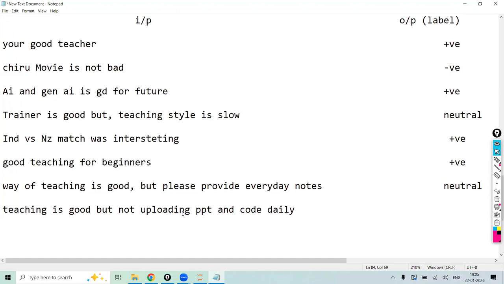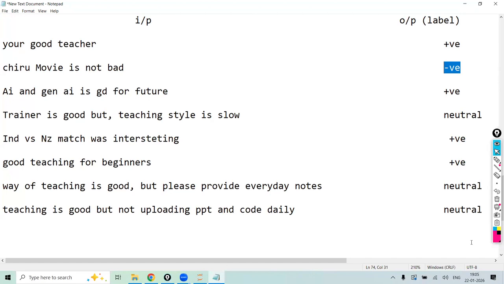Assume. Code daily, again I'm going to consider this one also as neutral. Let's take an example like this. Now, I have some positive reviews. One negative is there, that too the Chiru movie. It is not related to training, but some neutral ones are there and positives are there. Let's take it like this.